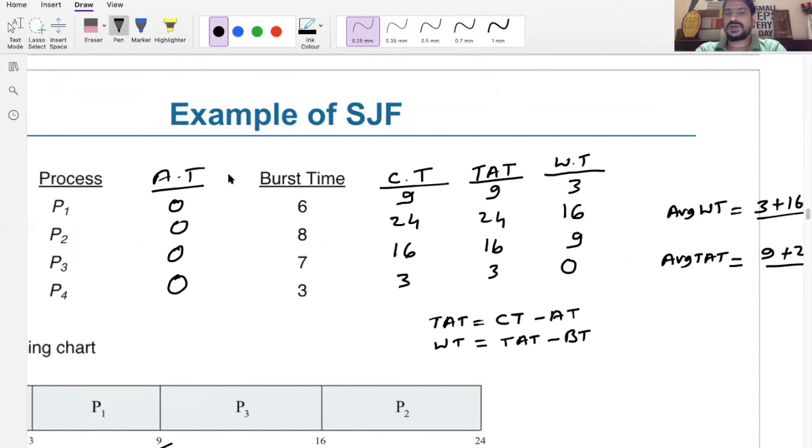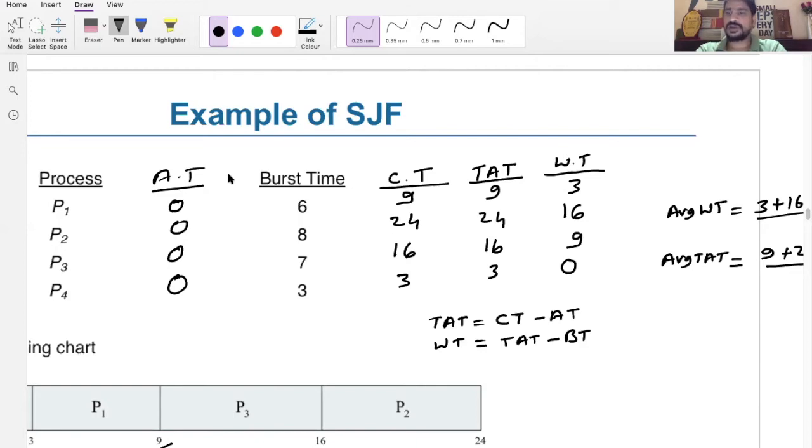Why do we say it is not a practical algorithm? It is theoretical because getting the burst time of any process is not at all possible. We cannot know how much time a process is going to take in the CPU to execute all its instructions.